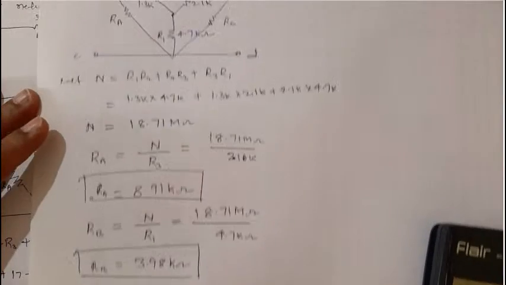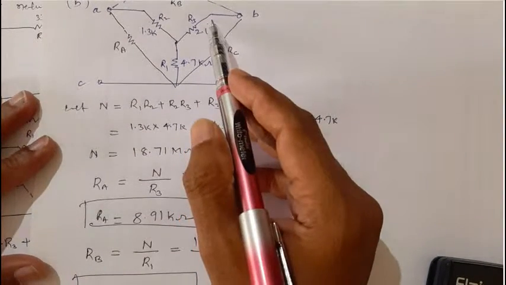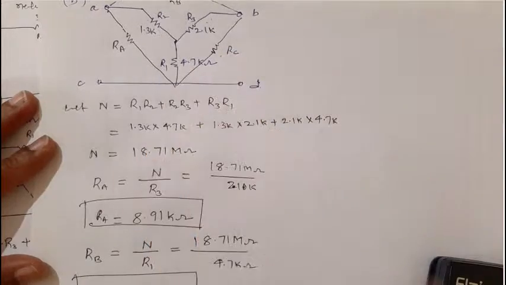And similarly, now RC. Look at dear students, this is resistor RC. To this, R1 and R3 are connected, whereas R2 is not connected.